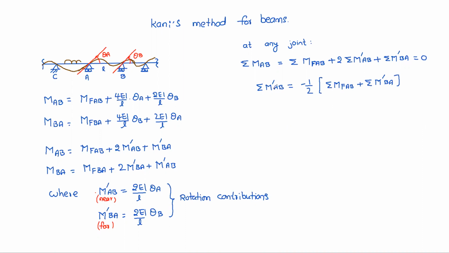So at a given joint, sometimes 2 members may be joining, sometimes 3 members may be joined at a given joint. Okay. So the sigma summation, how to separate those near end contributions? The near end contributions will be in the ratio of their stiffnesses.